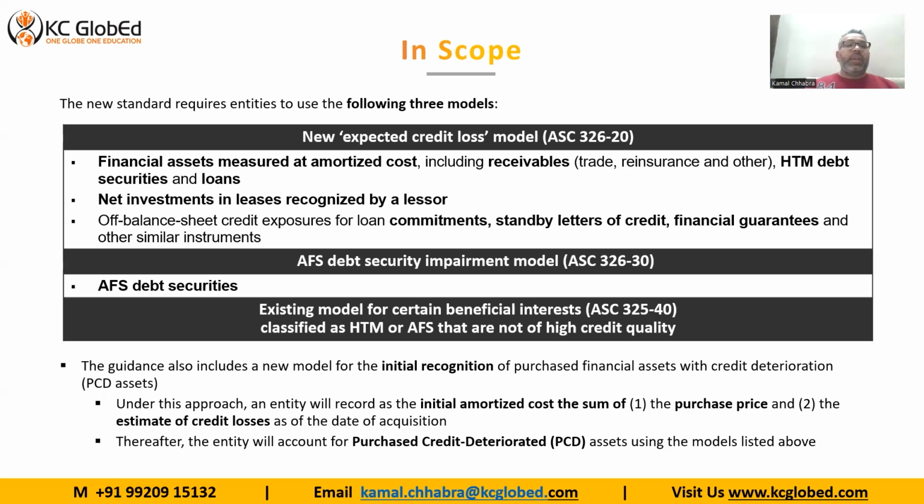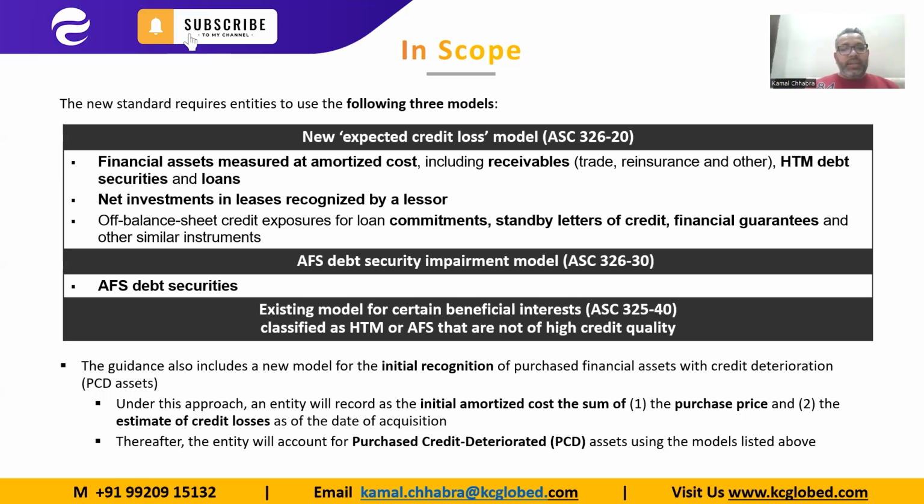Second line, if you see, the net investment in lease recognized by the lessor. From the lessor standpoint, you have lease receivable. If you remember, in ASC 842, we discussed the concept of lease receivable from the lessor standpoint.